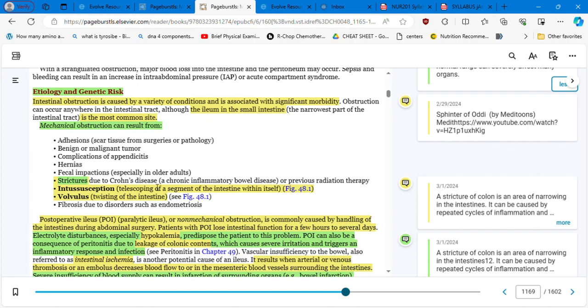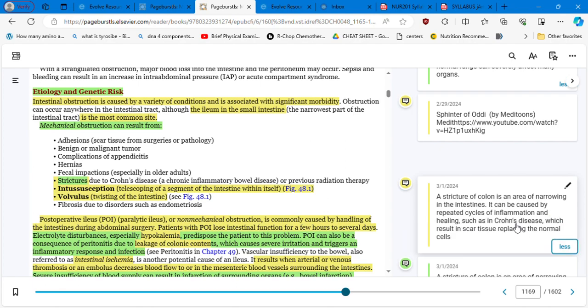Strictures due to Crohn's disease. A stricture of a colon is an area of narrowing in the intestine. It can be caused by repeated cycles of inflammation and healing, such as in Crohn's disease, which results in scar tissue replacing the normal cells. So let's say the lumen has a diameter of 5 centimeters. Let's pretend, okay? I'm just giving you an example so you can understand. So in Crohn's disease, we are having the stricture, right?